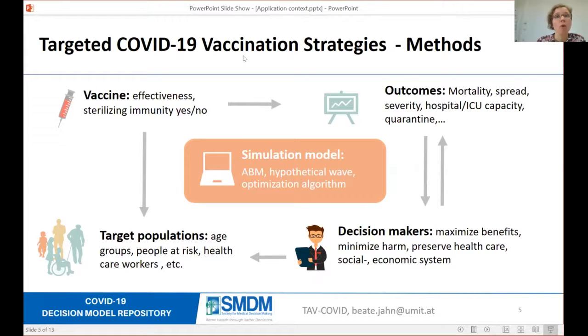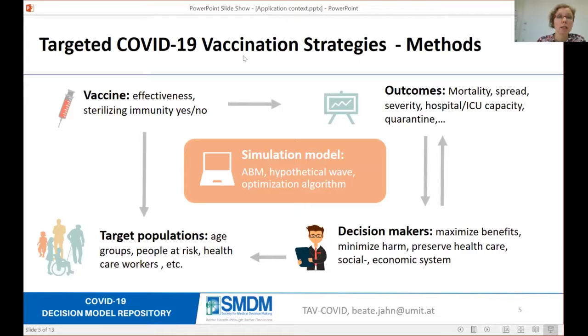Currently, in our model, we focus on mortality as the main outcome parameter, but the model also reports on incidence and severity, as well as hospital and ICU capacity, and people that are quarantined, for example. Our considered target populations include age groups, healthcare workers, and people at risk.